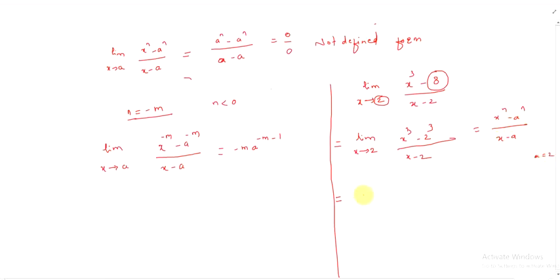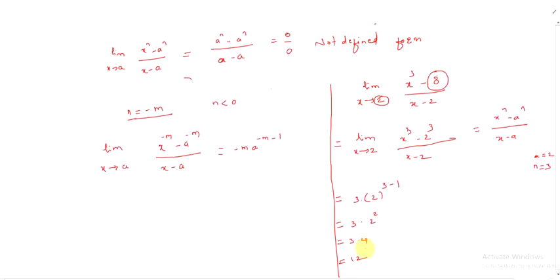So directly using the result, n into a raised to n minus 1. Here n is equal to 3 and a is equal to 2, so 3 into 2 raised to 3 minus 1, that is 3 into 2 raised to 2, that is 3 into 4, that is 12.